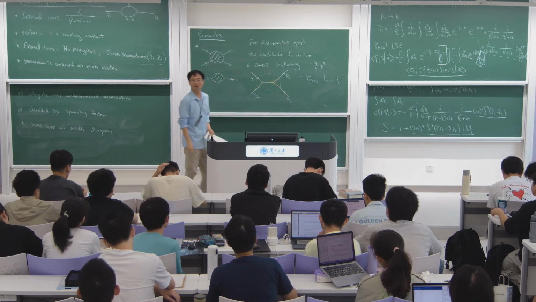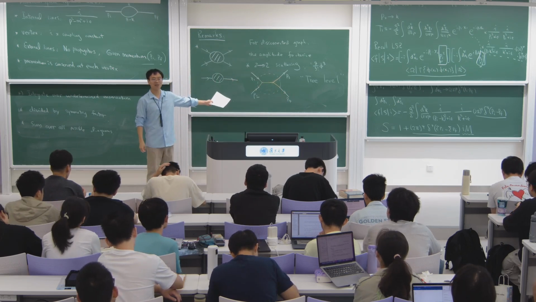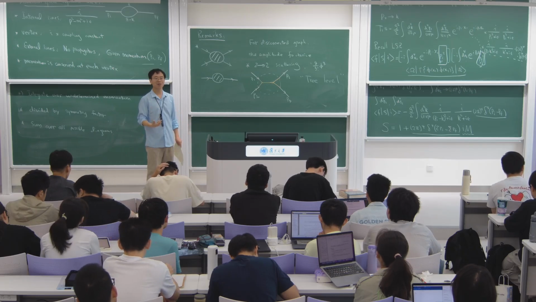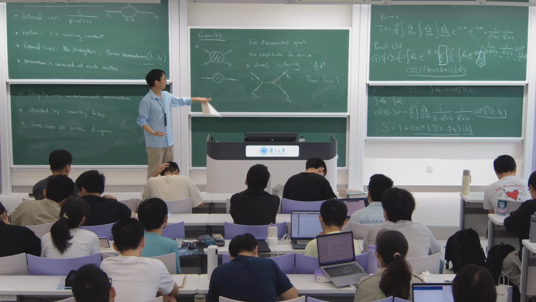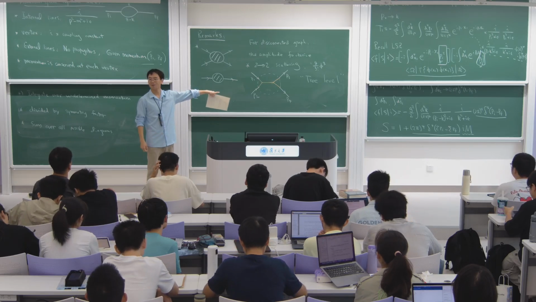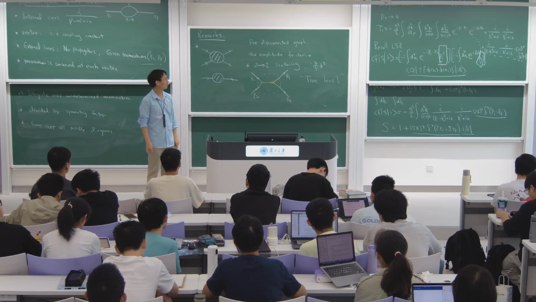You can do it this way, no? With phi cubed, the 3 vertex can appear. You see? This is the first graph for 2 to 2.